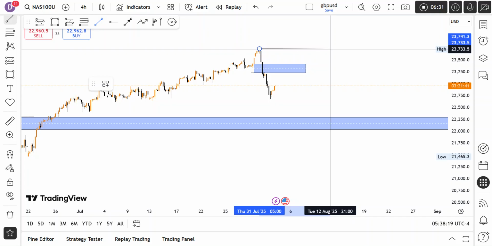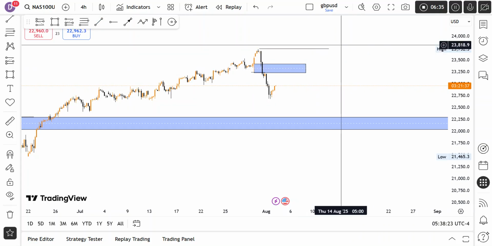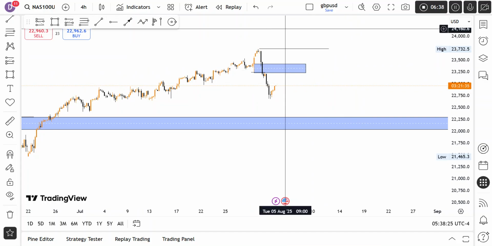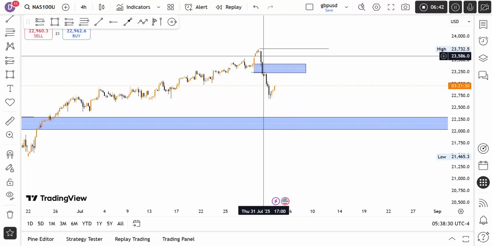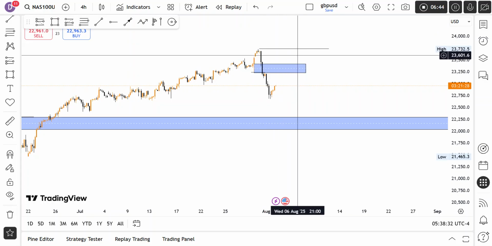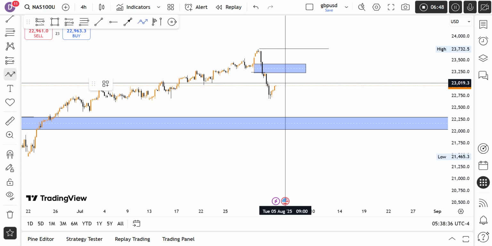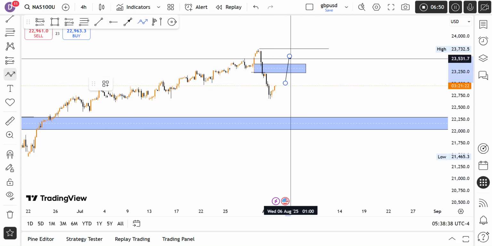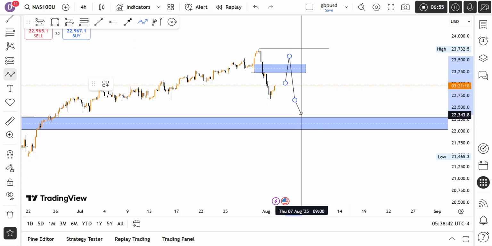If the market passes this zone, then we're going up, no question. But we're waiting for the market to go down here. Maybe this zone, we're not going to care about that. We're supposed to wait for the market, maybe something like this, and then go down for the TP. Understand that.